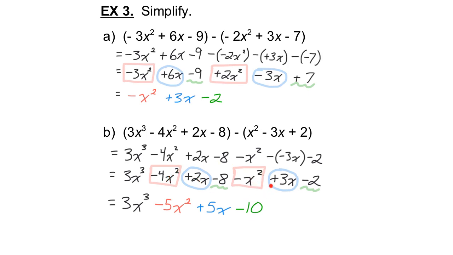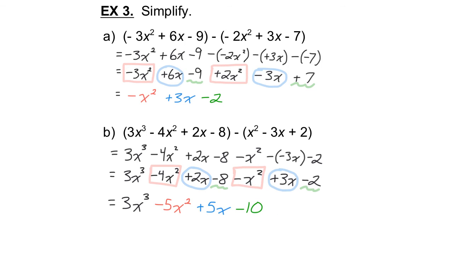The x terms are like terms, and the constants are like terms. So 3x cubed stays the same, negative 4x squared minus x squared. Some people forget there's a 1 there, so it's minus 4 minus 1. That's minus 5x squared. We have plus 2x plus 3x, that's 5x, minus 8 minus 2 is minus 10. So our simplified expression is 3x cubed minus 5x squared plus 5x minus 10.